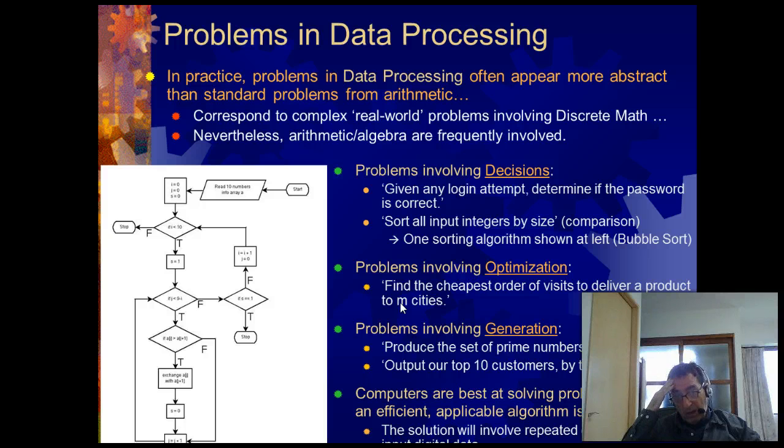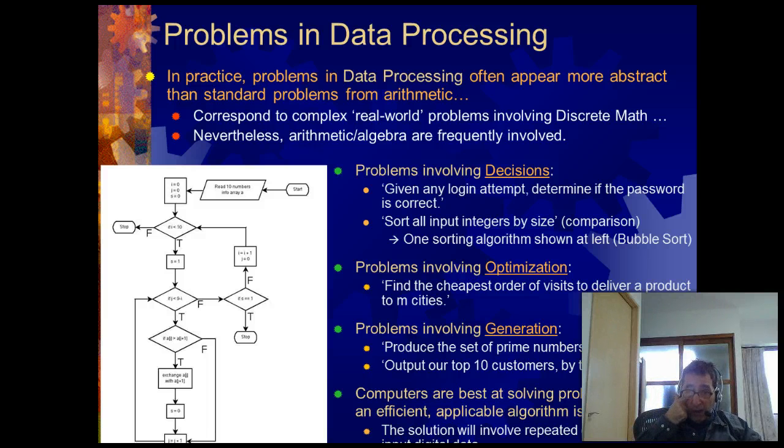So what's the cheapest order or the shortest order to travel from Tokyo and visit all of these cities and, say, come back to Tokyo? So again, you're going to have to do checking. So you're going to have to check lengths, distances. So you're going to have to say, is this length less than that length, and things like that. So it's a decision.